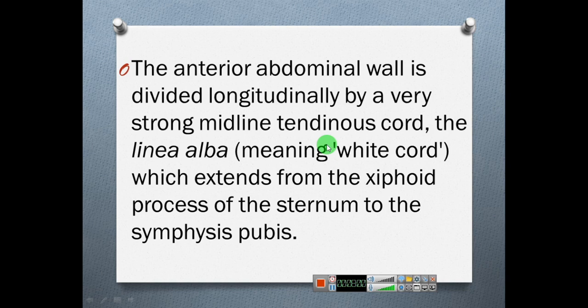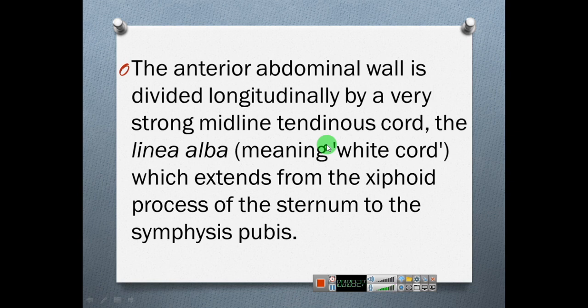The anterior abdominal wall is divided longitudinally by a very strong midline tendinous cord, the linea alba, meaning white cord. Earlier I showed you where the linea alba is.